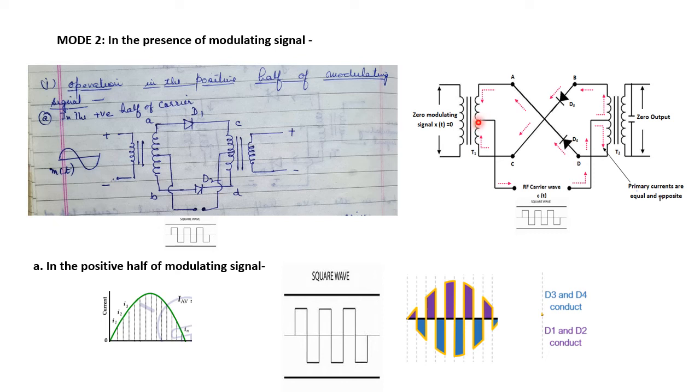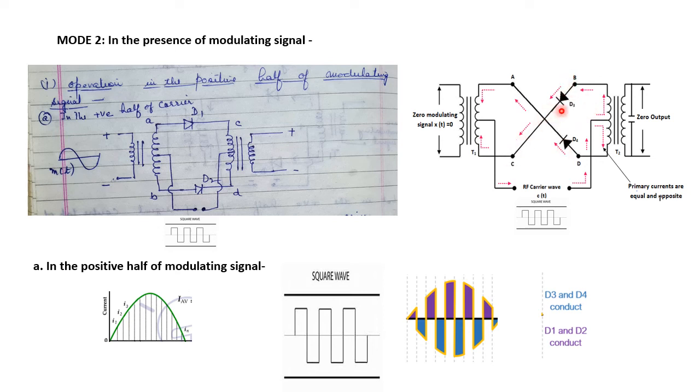Now concentrate on this point. For the negative cycle of the square wave, this point is negative and the right point is positive. When this point is negative, then as we can see from the figure, this point is connected to the N terminal of diode D4, and the right point is positive, and this is connected to the P side of diode D3. Therefore, in this particular case, diode D3 and diode D4 are in the forward bias, or they will be in the conducting position.